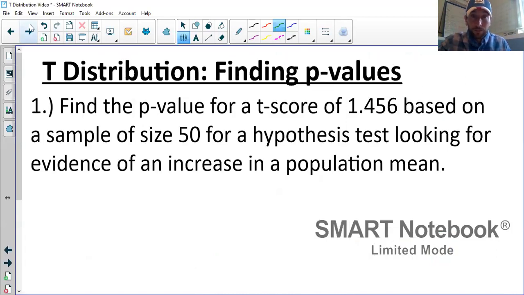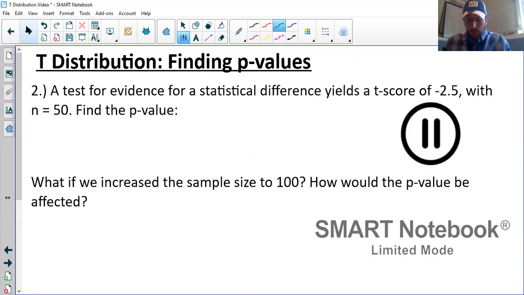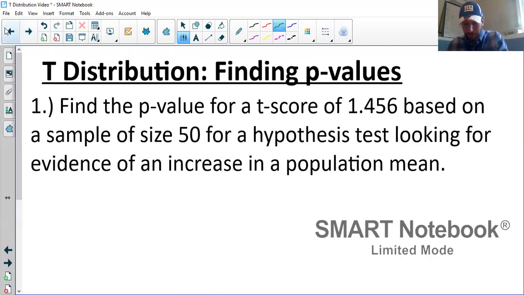So that's that. Now let's talk about p-values, working with our normal distribution, kind of moving away from confidence intervals. We know a p-value is about the amount of space in the tail.